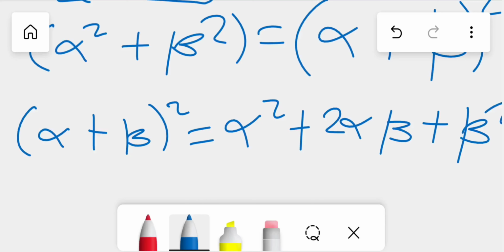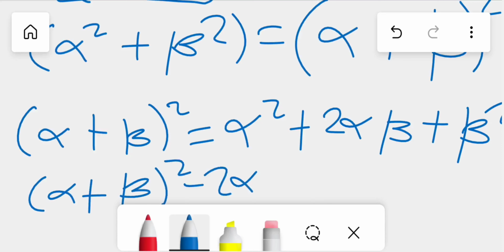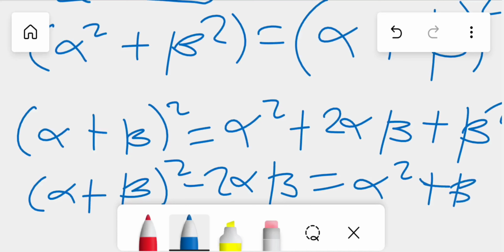When this 2 alpha beta crosses the equal sign to the left hand side, it becomes negative. So we use this identity: (alpha + beta)² − 2 alpha beta is equal to alpha squared plus beta squared.